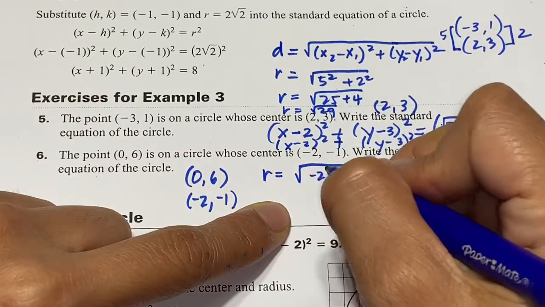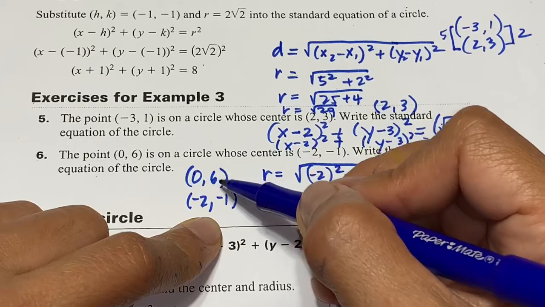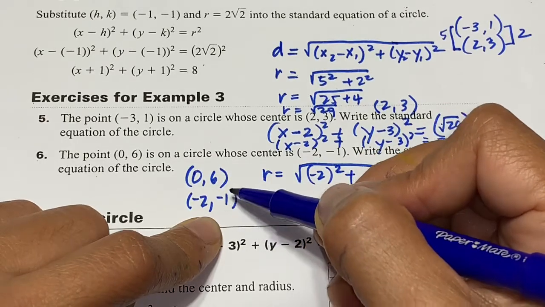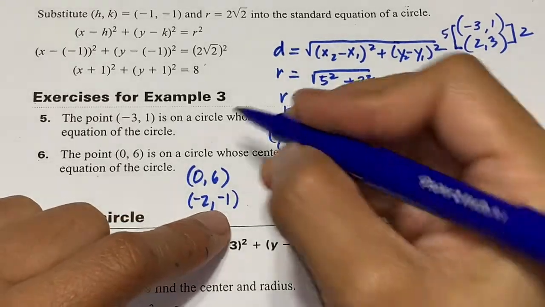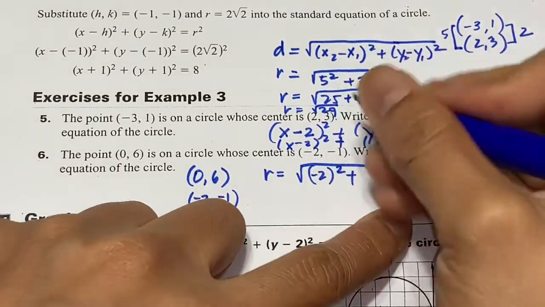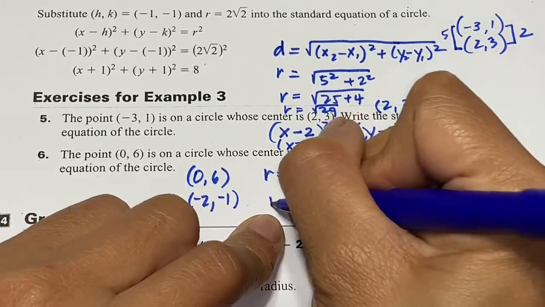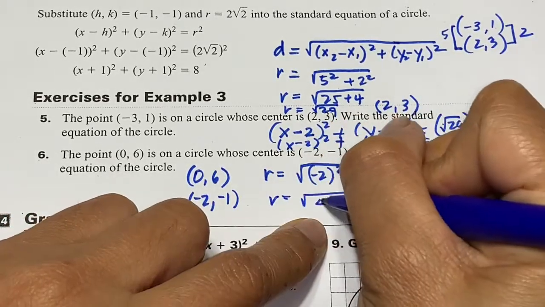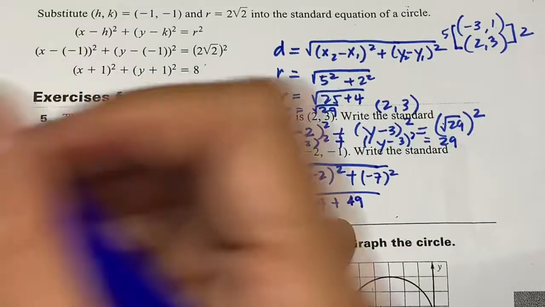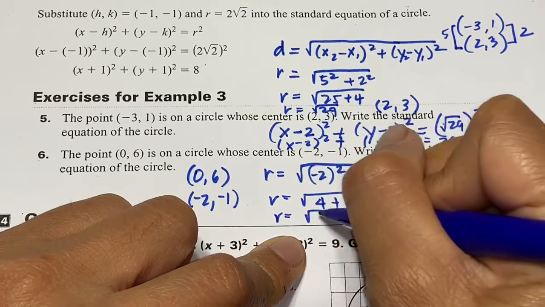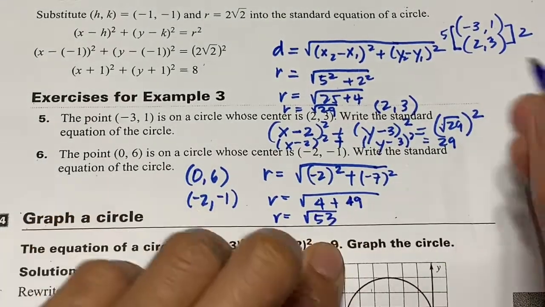So -2 squared plus from 6 to -1, that is going down 7, right? So r is the square root of 4 plus 49. So r equals square root of 53. We can't simplify 53. Radical 53, so we'll leave it like that.